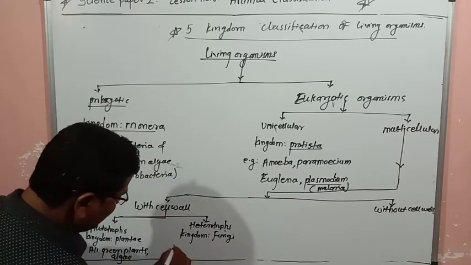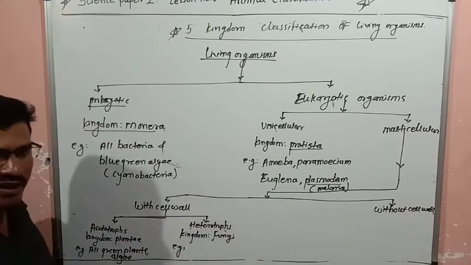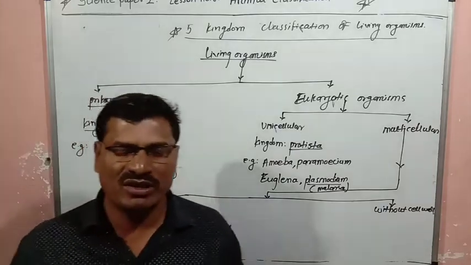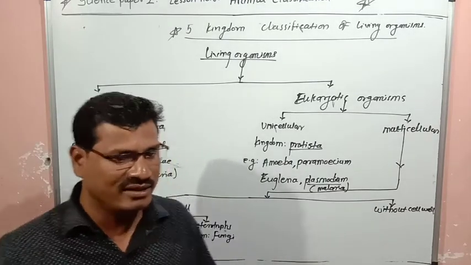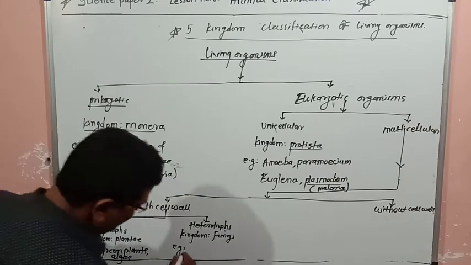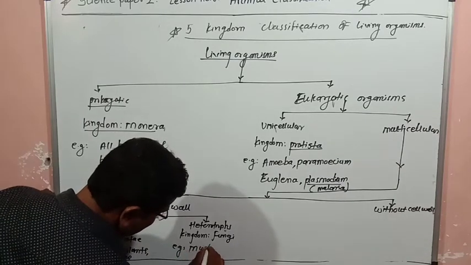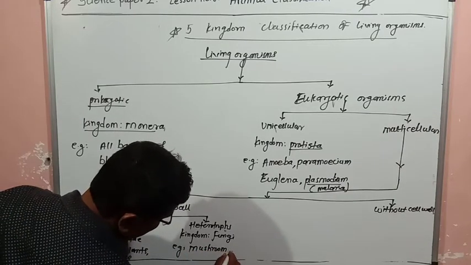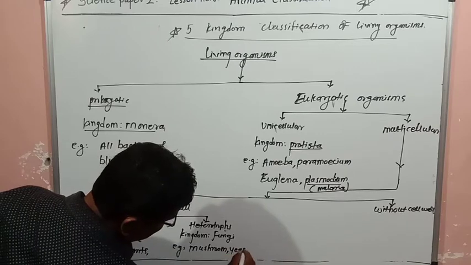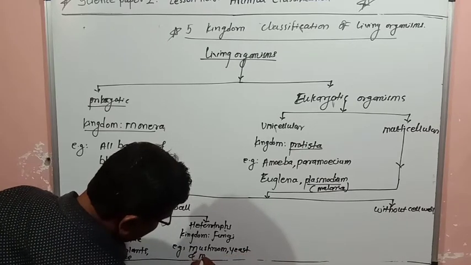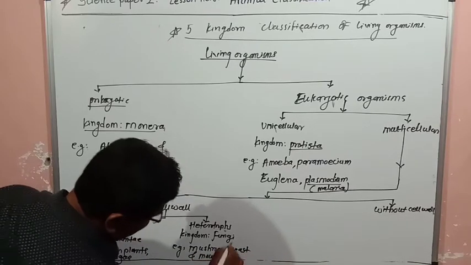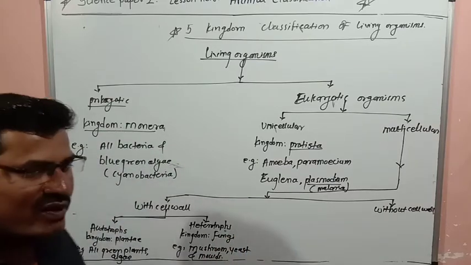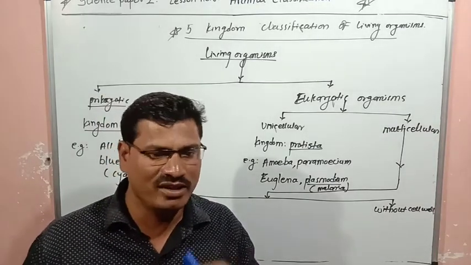Examples in the kingdom Fungi are mushroom, yeast, and mold. So these are the examples of heterotrophs, in that Fungi.